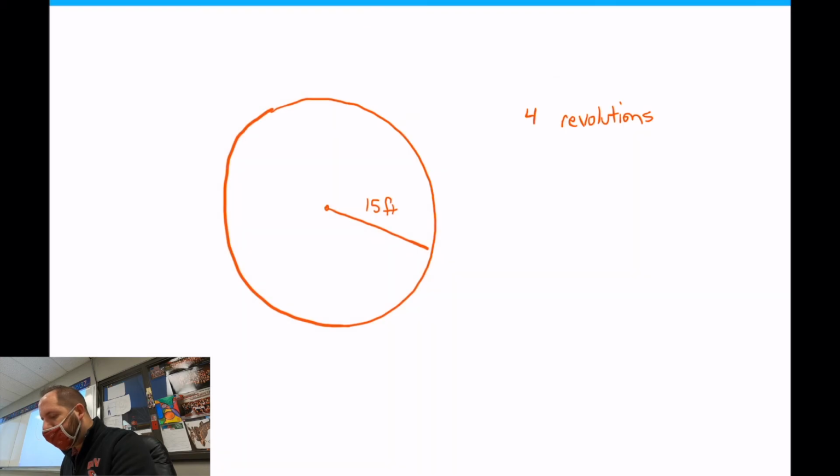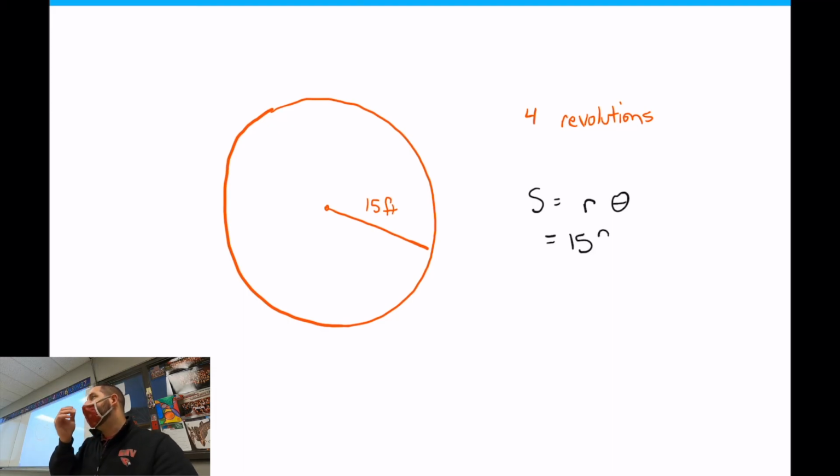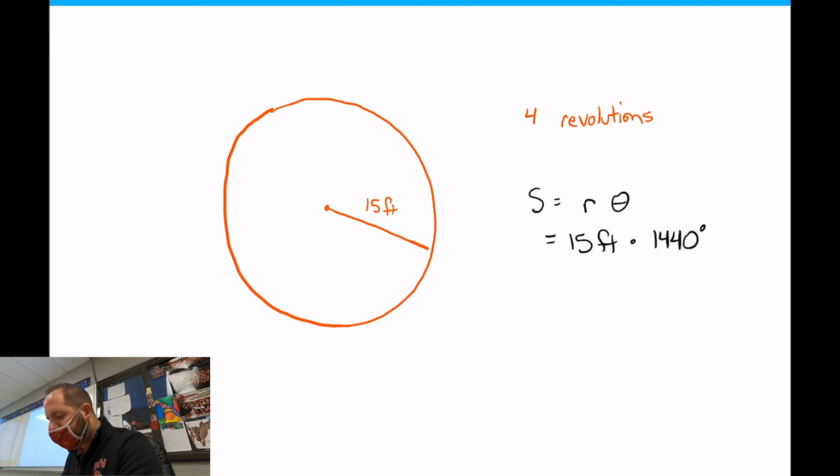So the formula here, this is the same formula. My radius is the 15 feet. Now my angle. If I did 4 revolutions, that's 4 360s. That's a full circle's 360. So if I did 4 of them, 4 times 360, it's 1440.